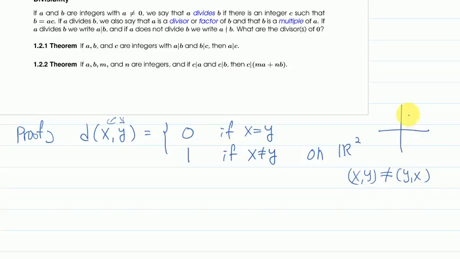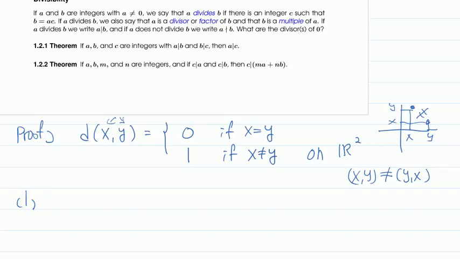If (x,y) is here, then (y,x) should be around here, right? So they are totally different points. So we cannot claim that if something is true for d(x,y), then it should also be true for d(y,x). We don't know that. That's one key point in the proof.